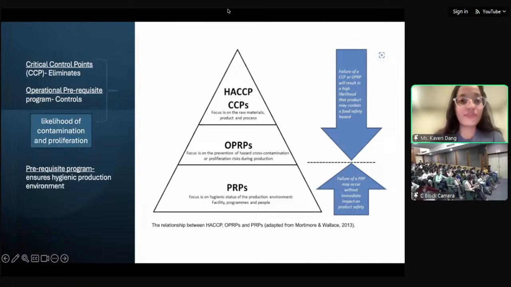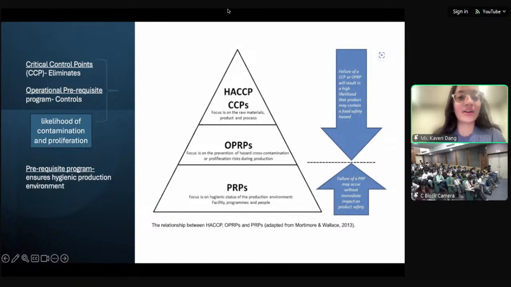So, if you understand this correctly, you would know that if we have failure of CCP or OPRP, that will result in high likelihood that product may contain a food safety hazard. And if we have a failure in our PRPs or prerequisite programs, that may occur without immediate impact on product safety, because as I told, PRPs are not the actual measures that we are taking.